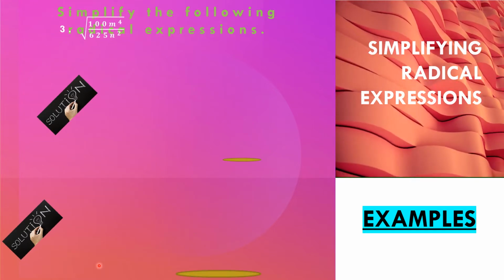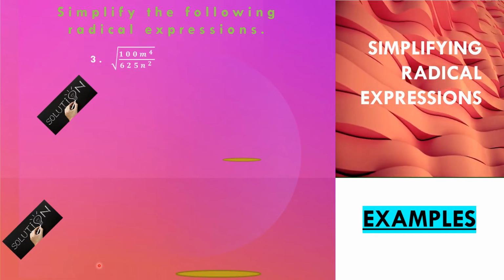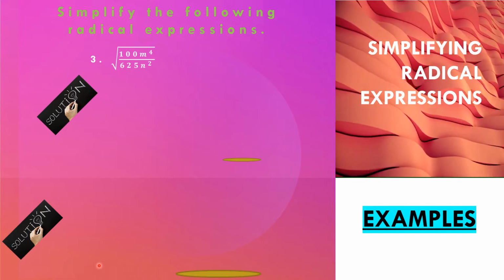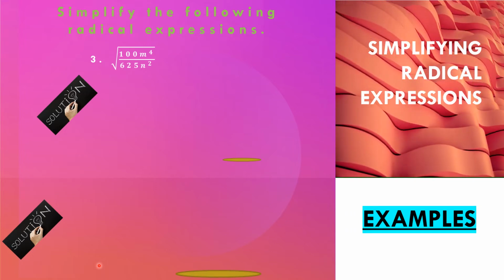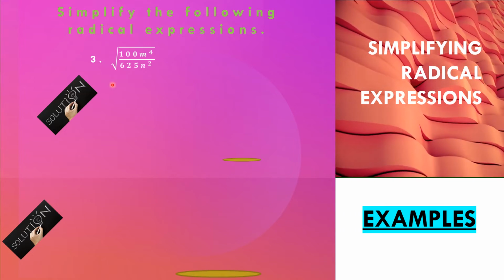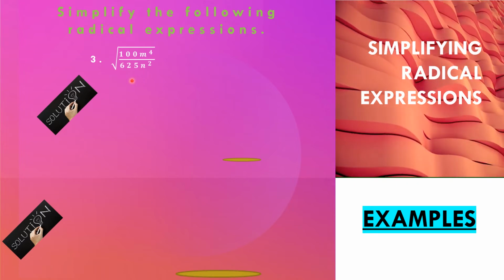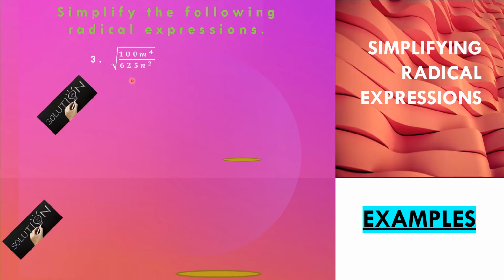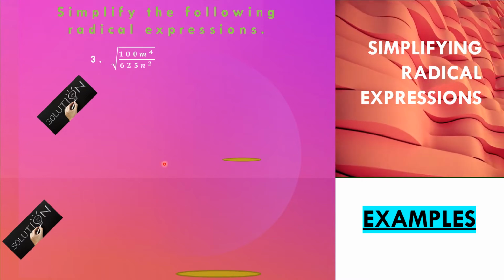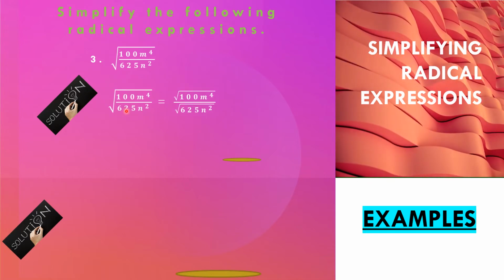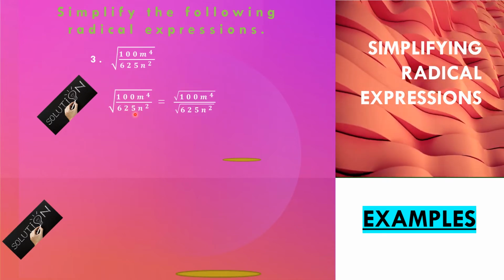For our example 3, we have square root of 100m raised to 4th over 625 n squared. So, to simplify the given radical expression, apply the quotient property of radicals, na kung saan pwede po nating paghiwalayin itong numerator and denominator.